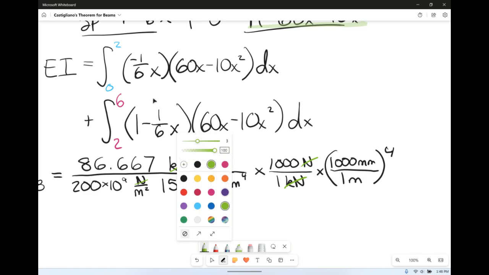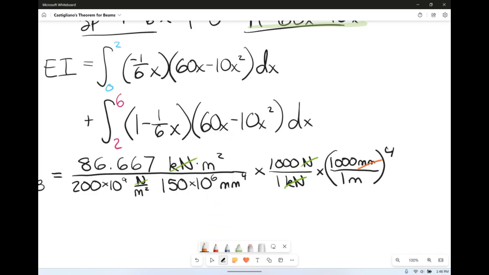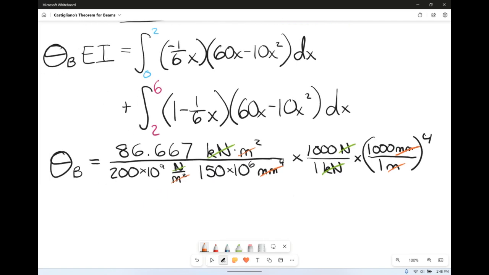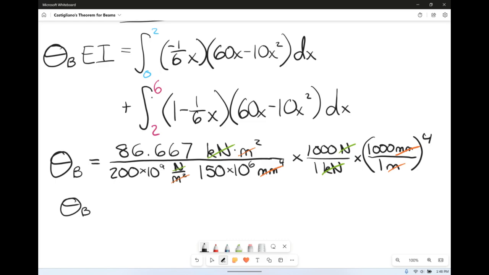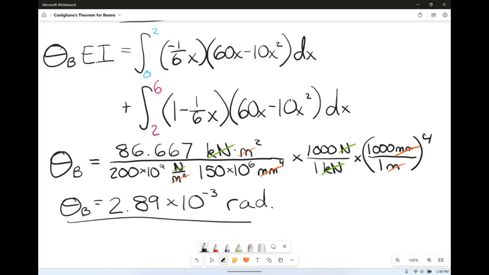All right, so that's going to cancel millimeters and millimeters, and that's actually going to be meters to the 4th and meters down there. And you're unitless, which is exactly what we want because the slope at B is measured in radians, and this is going to be 2.89 times 10 to the negative 3rd radians. Bam, there we go. So really not too terrible. So we found slope at B.